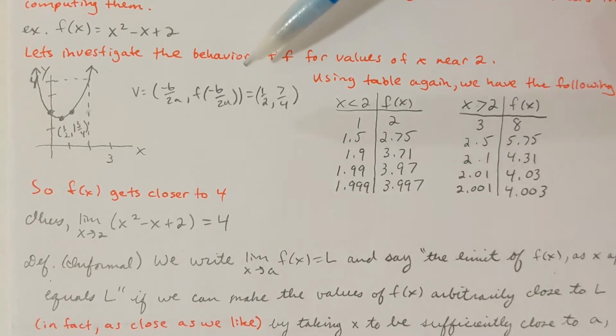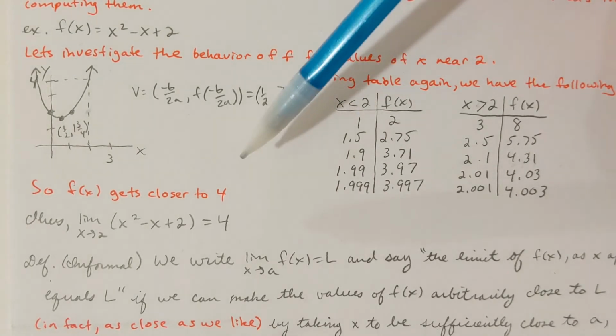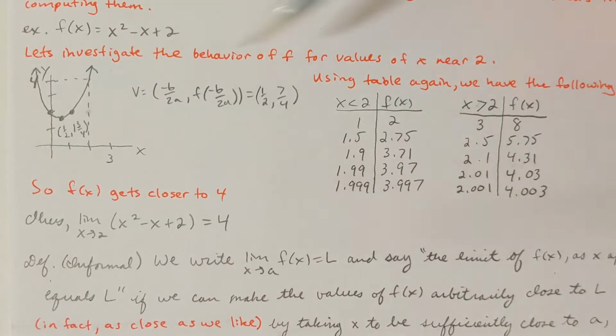Well, that's not what the problem is asking. I don't care what's happening at 2. I care what's happening around 2. I want to know what's happening near 2. And that's the whole idea of a limit. In calculating a limit, we want to investigate the behavior of the y values for x values around some number, not at the number though.